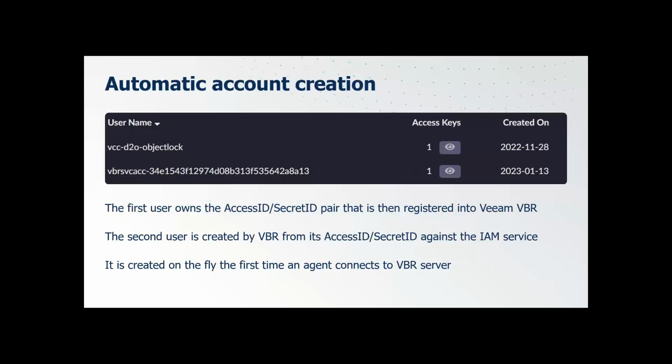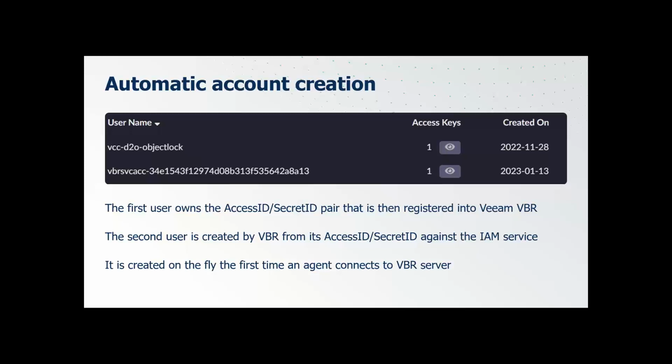I know some people want to see how this happens, so let me show you. This is the user list in my storage system. The first user is the one that owns the access ID and the secret ID pair that is created when we create the bucket. And this is the one registered into the Veeam VBR machine. You see also the dates. There are 2 months difference between the two.